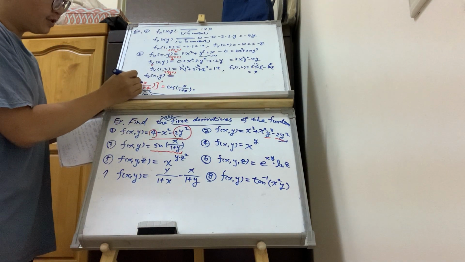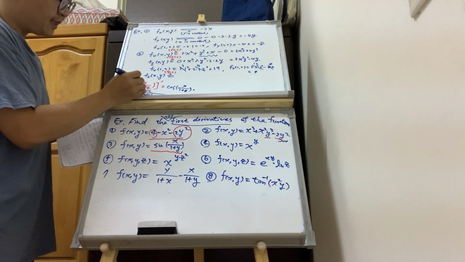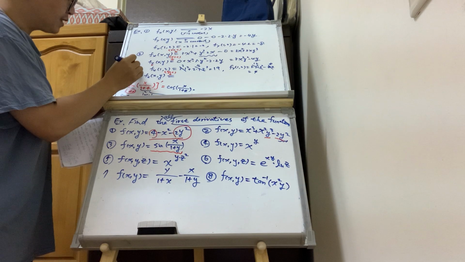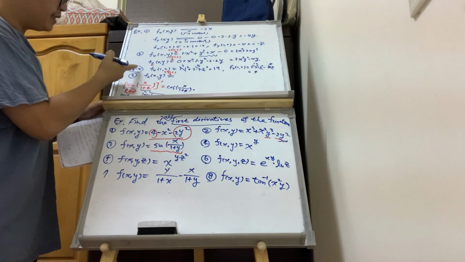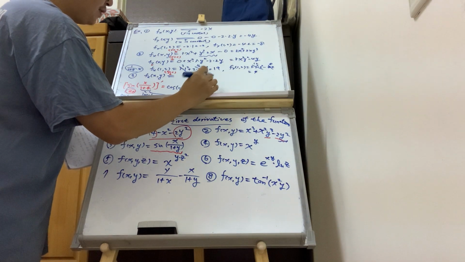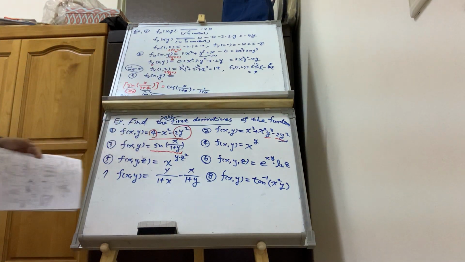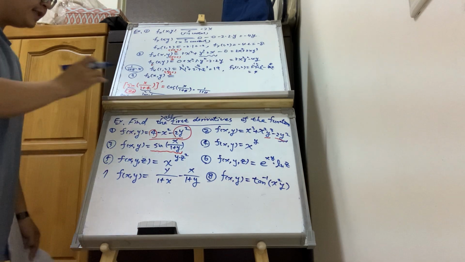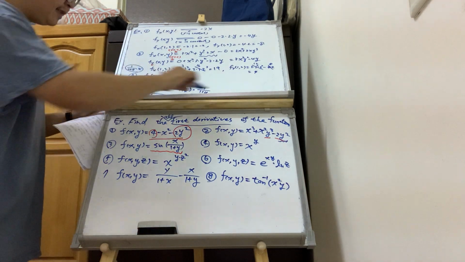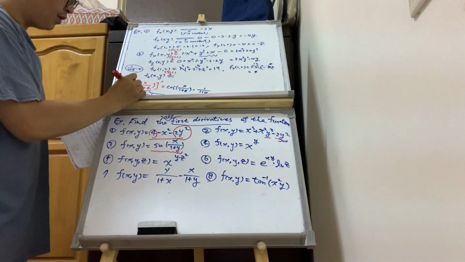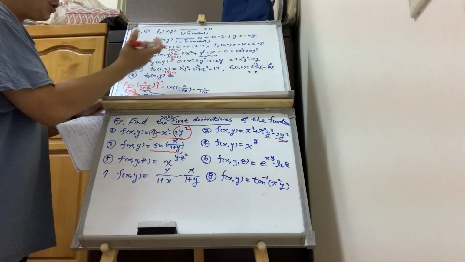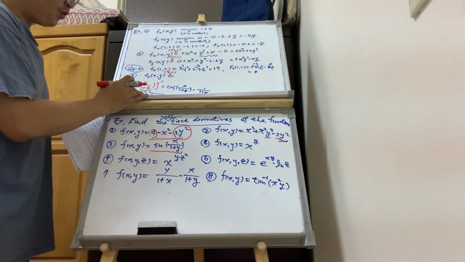Here is constant, so it's 1 over 1 plus 4 times x. So its derivative is exactly the constant 1 over 1 plus 4. But here I just gave you the example when y equals 4.